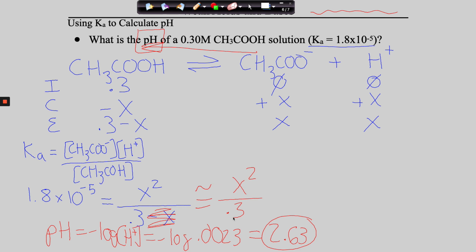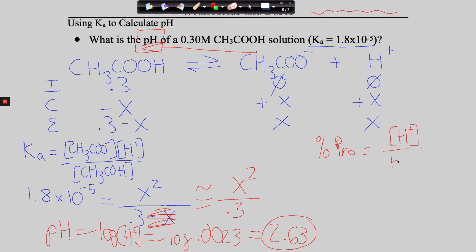Let's do percent ionization. So percent protonation is equal to hydrogen ion divided by the initial molarity. We don't need to write the general form.